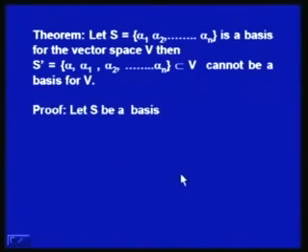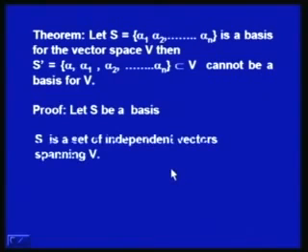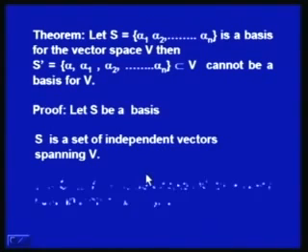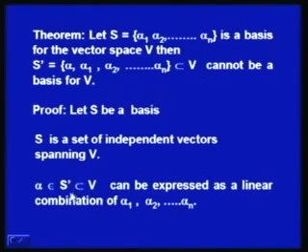Now to prove this, let S be a basis. So it has to be a set of independent vectors spanning V, that is the definition of basis. And let us say we have another vector alpha which belongs to S dash.